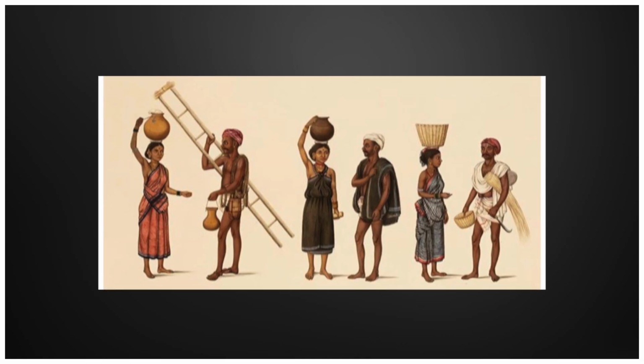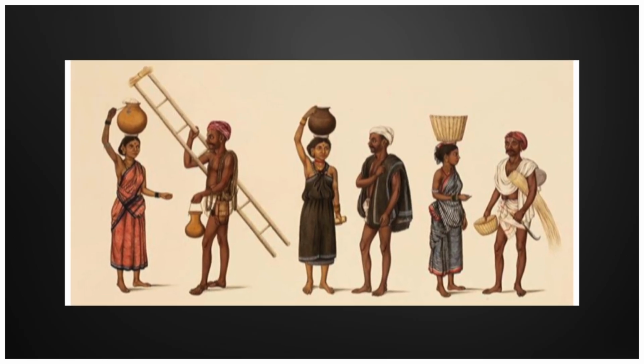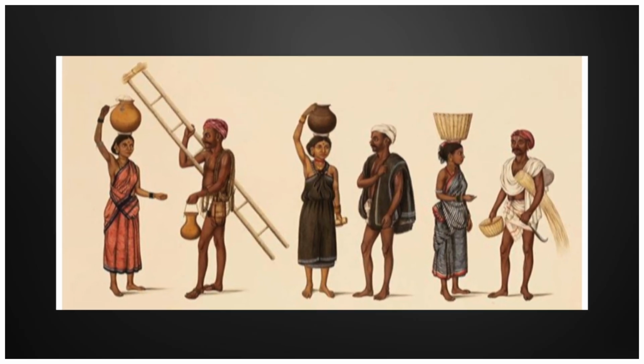For a long time, occupations were very much associated with the caste system. Each caste had its own specific occupation. The caste members were expected to continue the same occupations.